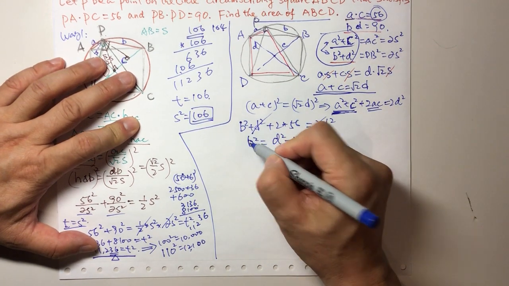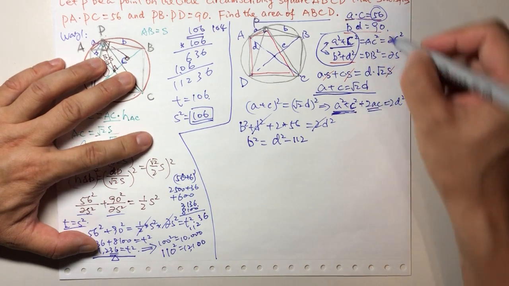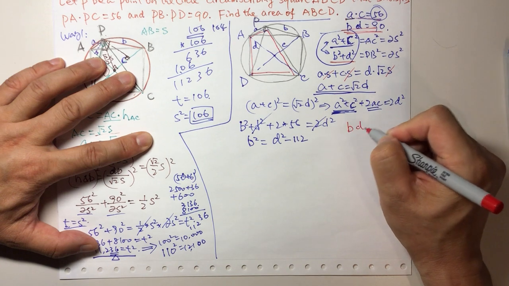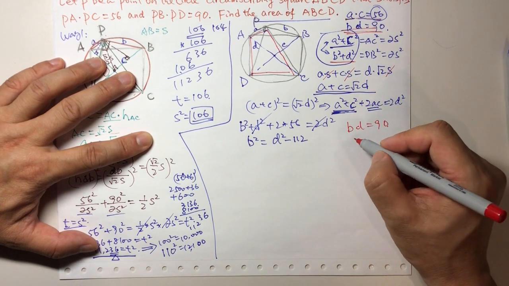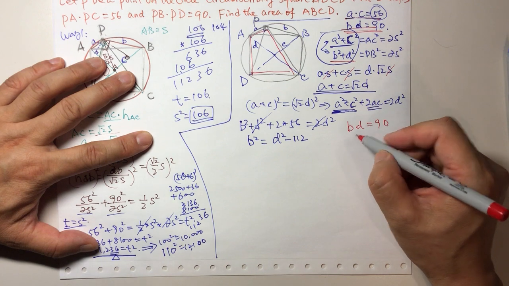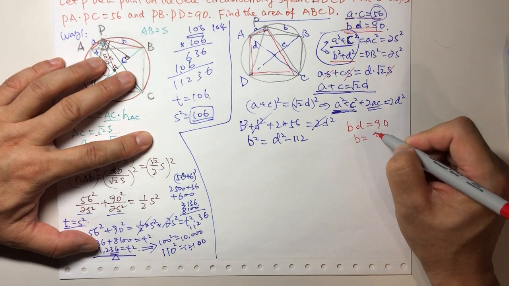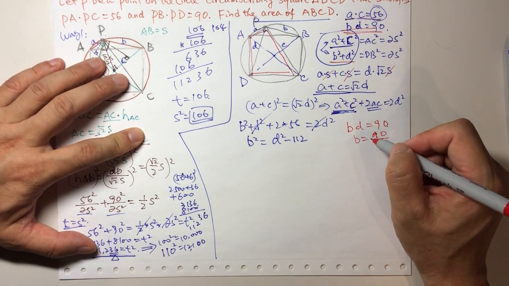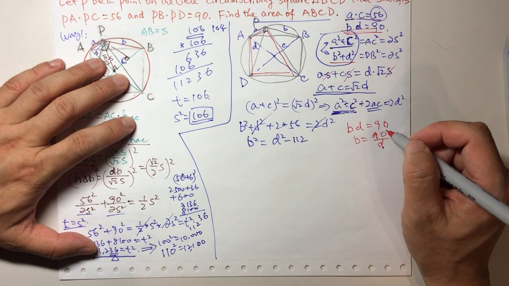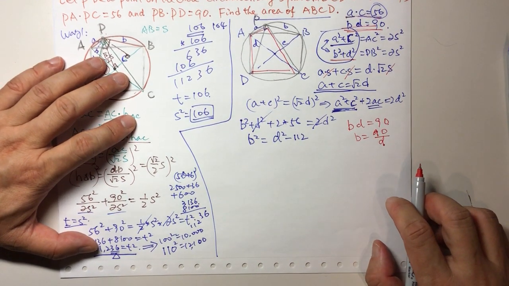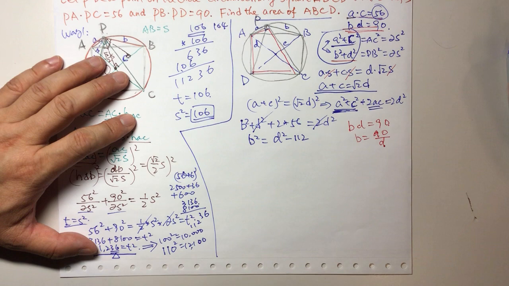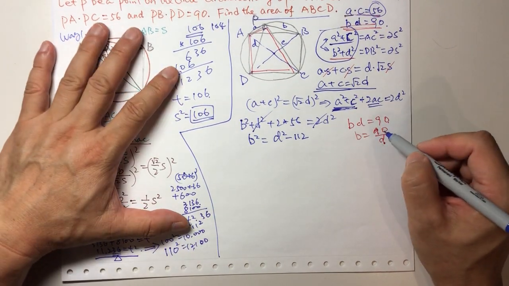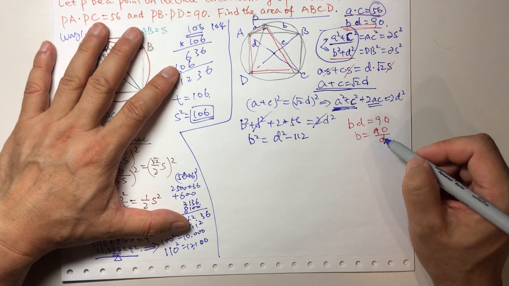And we also know B times D is 90, so B equals 90 over D, and we can substitute.